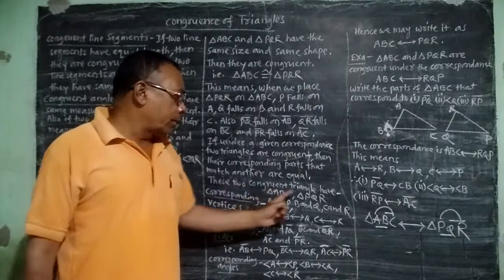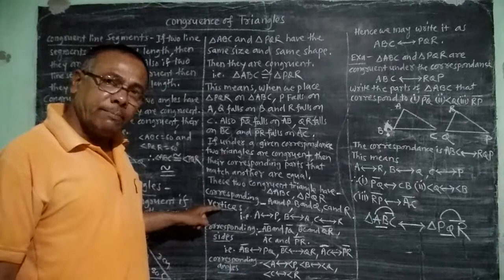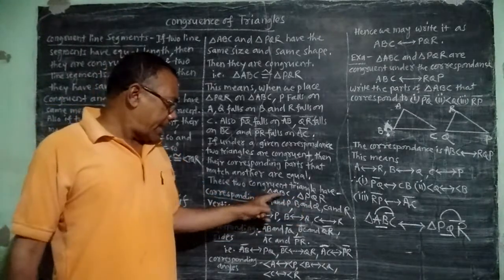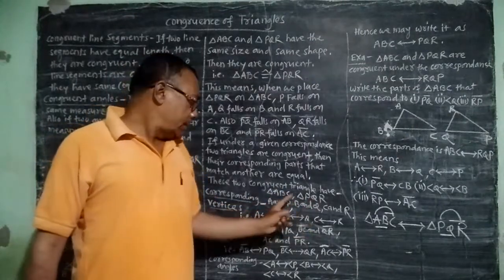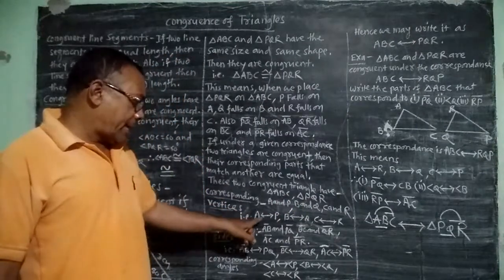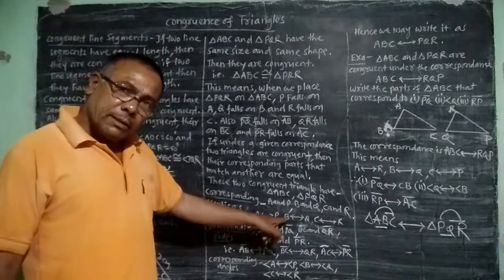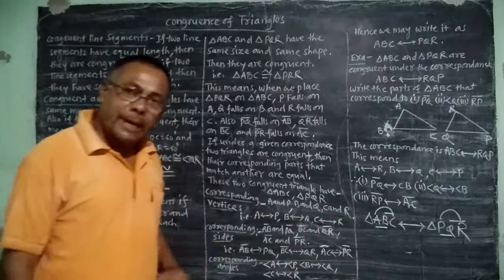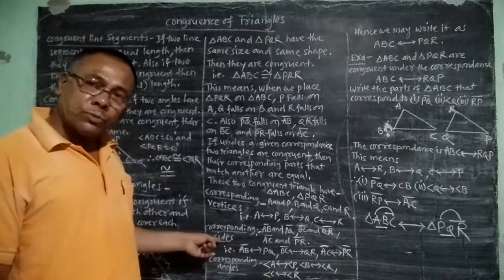These two congruent triangles have corresponding vertices. If we consider triangle ABC and triangle PQR, then A and P, B and Q, C and R. Here A one-to-one corresponds to P, B corresponds to Q, C corresponds to R. Similarly, there are corresponding sides also.